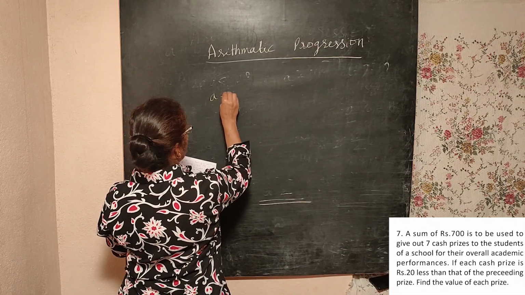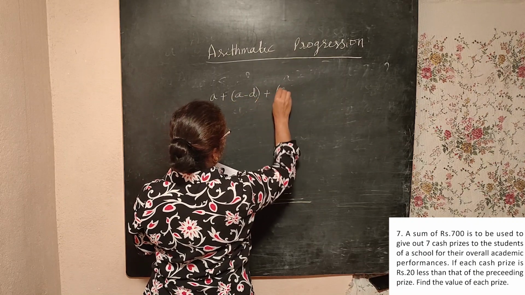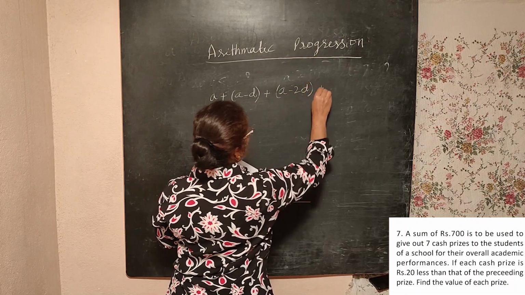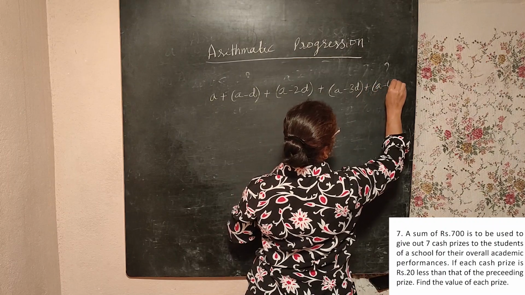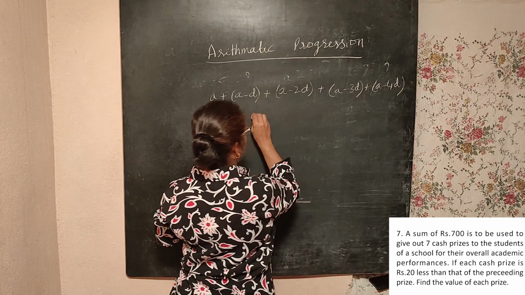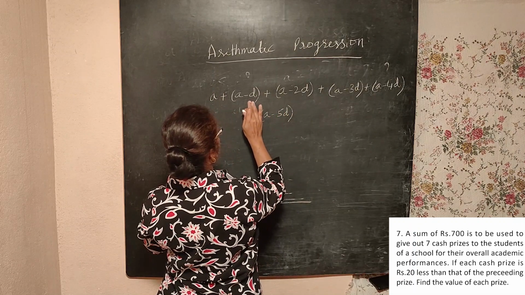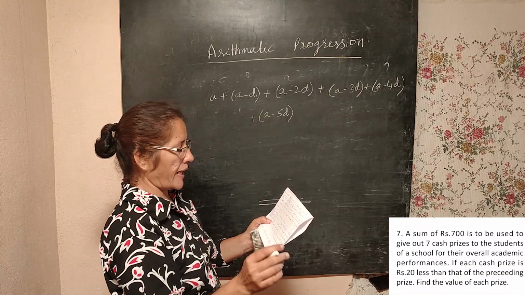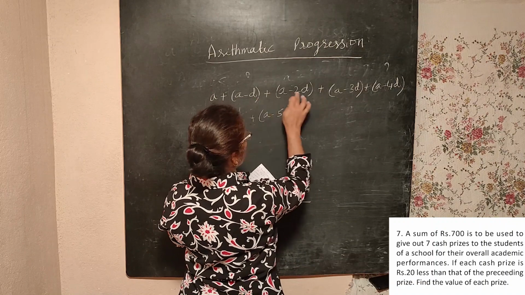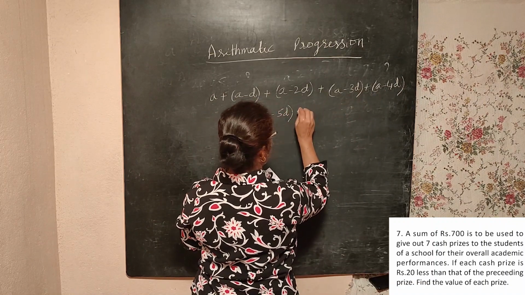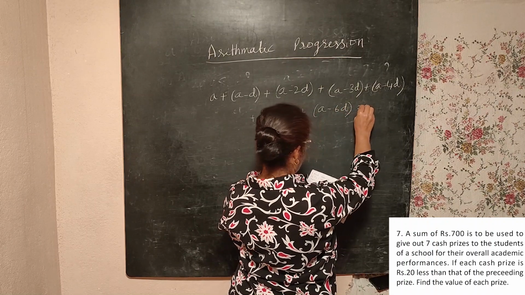So A plus (A minus D) plus (A minus 2D) plus (A minus 3D) plus (A minus 4D) plus (A minus 5D) plus (A minus 6D). Each cash prize is 20 less.